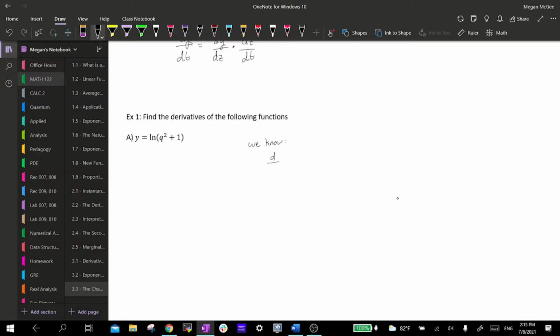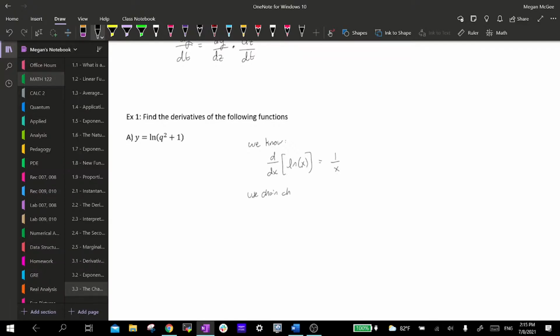Well, if we wanted to take the derivative of a natural log, if we just had ln of x, we learned a little bit ago that this is just 1 over x, right? Okay, so we know this derivative. In this case, we're going to need to use the chain rule.